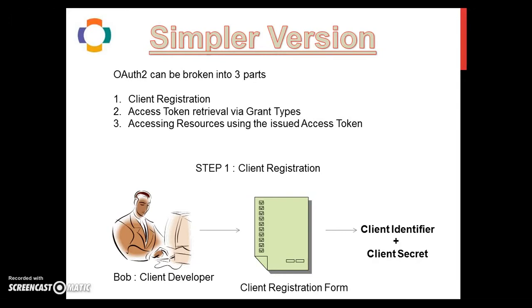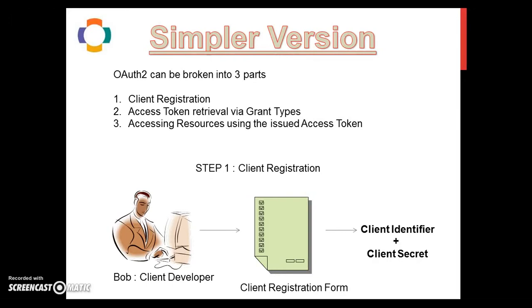Breaking all that down into a simpler and easy to grasp way, OAuth2 can be thought of in three stages. The first part involves client registration. When I say client, I actually mean an application, which can be a web app, open web app, or whatever, which is trying to make REST calls to our web services APIs.